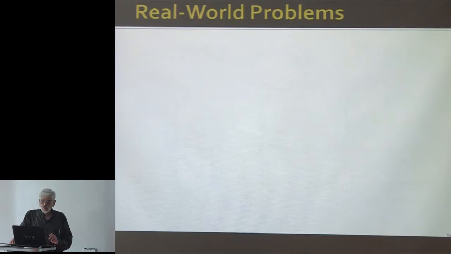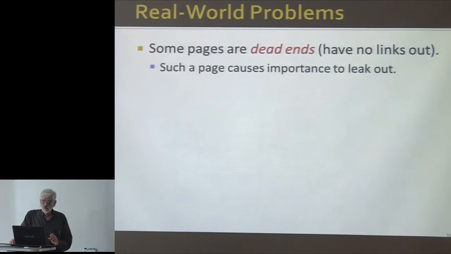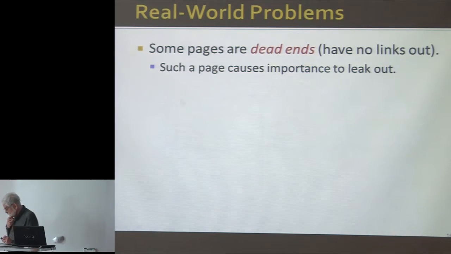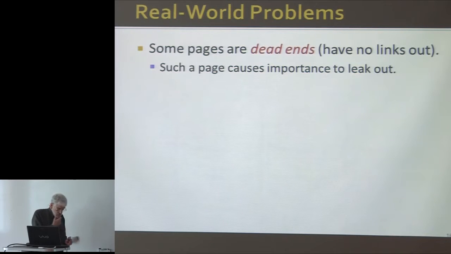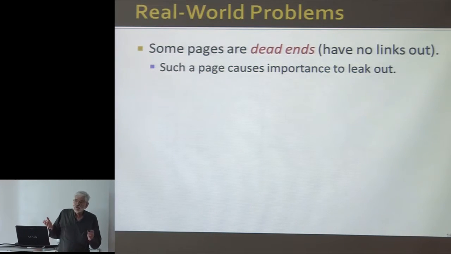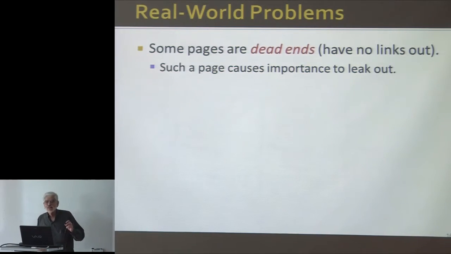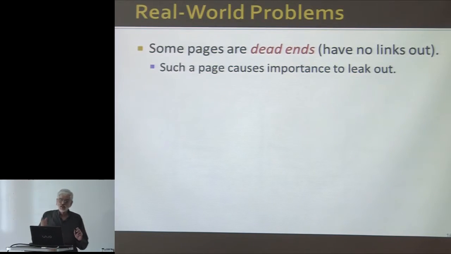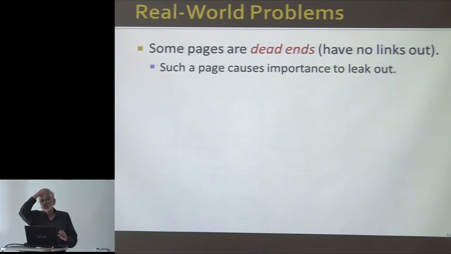Now, I wish the world were that simple, but in fact, the matrix of the web isn't really a simple stochastic matrix like that. First of all, there are pages that are dead ends that just don't have any links. If a walker gets to a dead end page, where do they go next? They disappear.